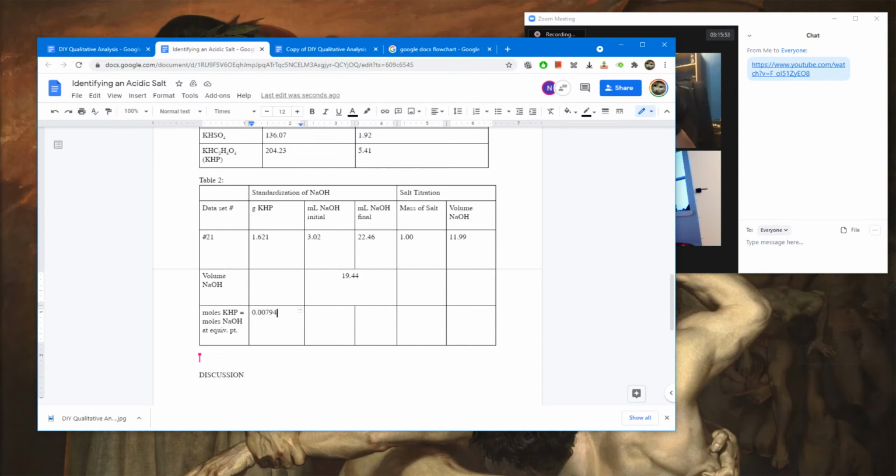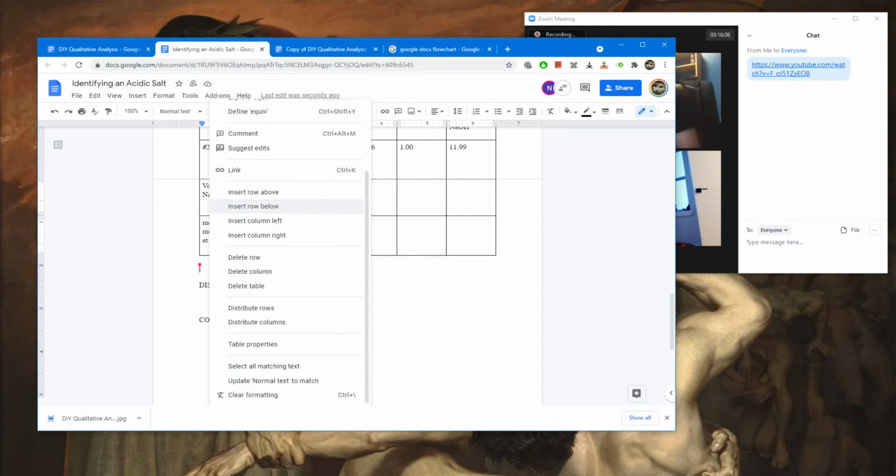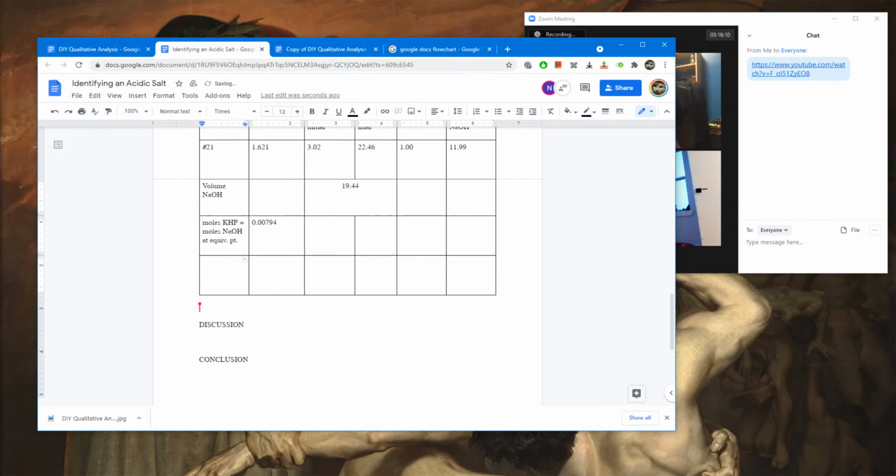Now let's see. Concentration of NaOH is that. So we basically divide it by... I'll fix this graph later, but I'll insert another row. So NaOH concentration is just going to be our number divided by 0.01944.